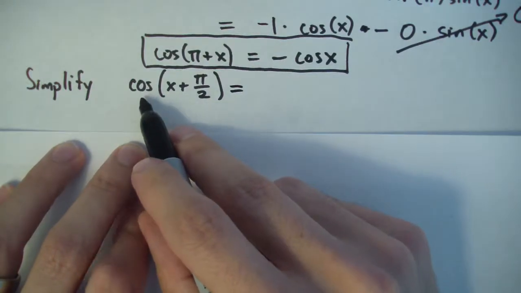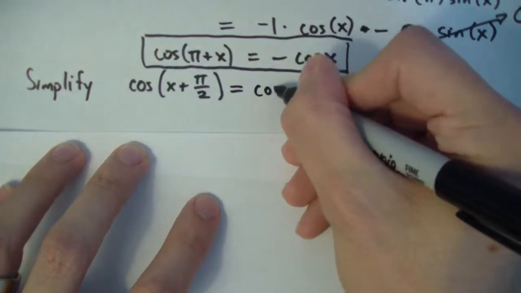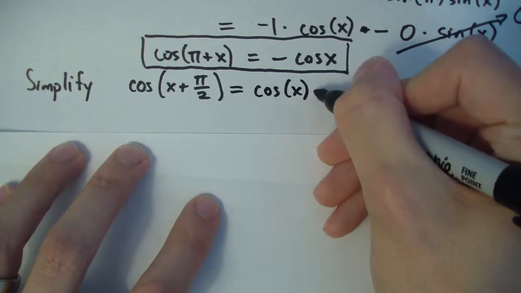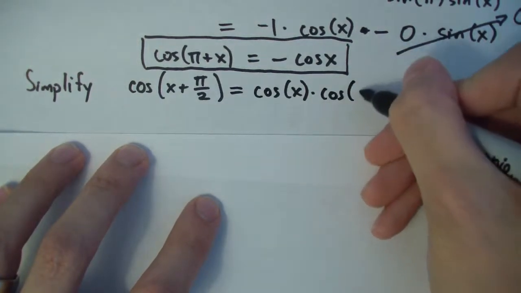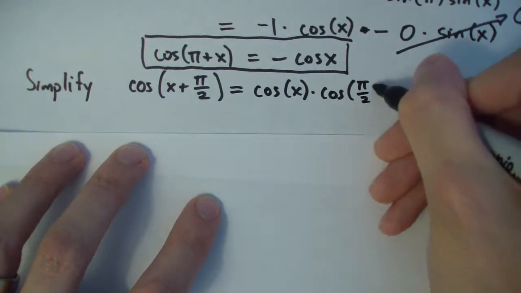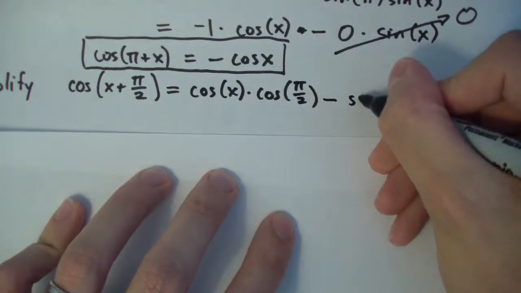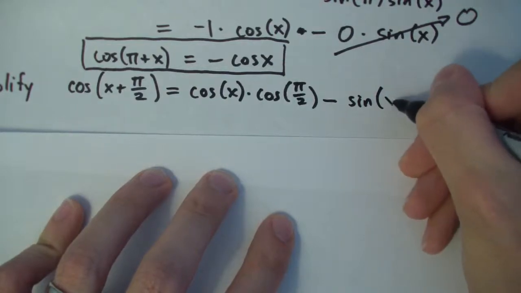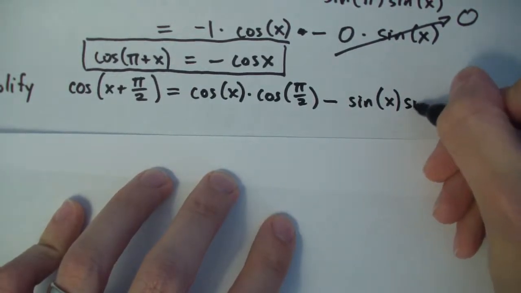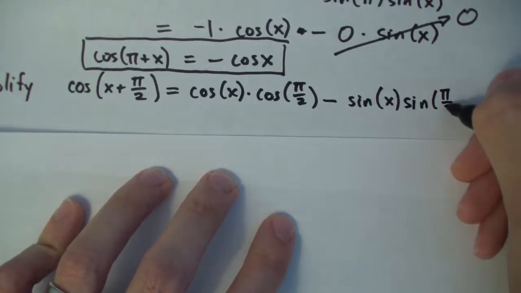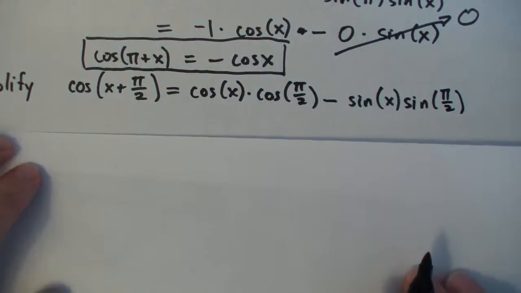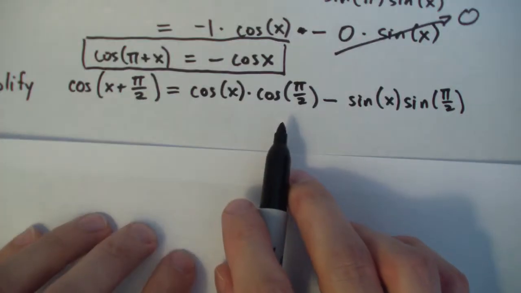So remember, cosine of the sum, we get cosine of the first angle, so cosine of x, times cosine of the second angle, in this case pi over 2. And then we have minus sine of the first angle, so sine of x, times sine of the second angle, which is pi over 2. So that is something that we can now simplify.